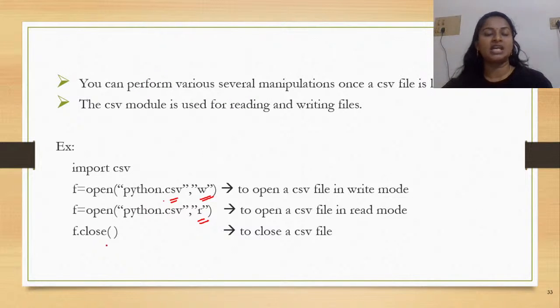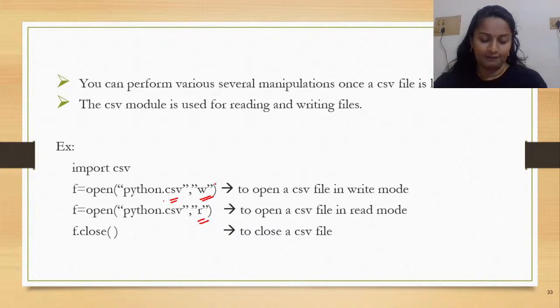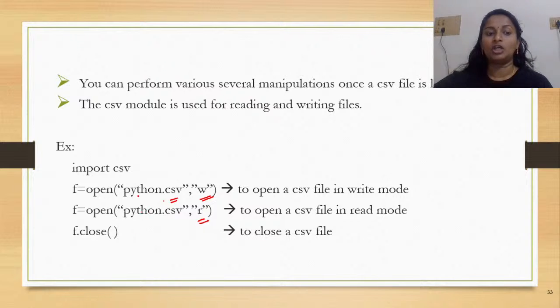How do you close it? f.close(). And one more thing we had already discussed for text files: if you're not using the with keyword and you are opening the file using the open function, definitely you have to close the file. If you're opening the file using the with keyword, then it's okay if you haven't closed the file using f.close().